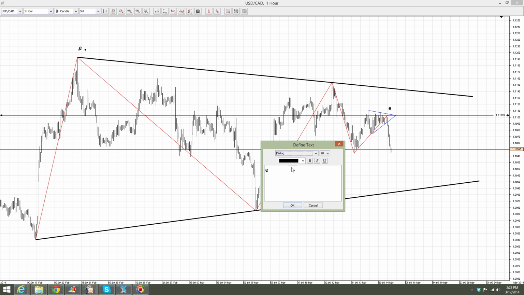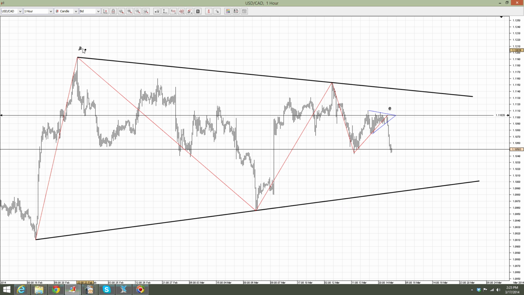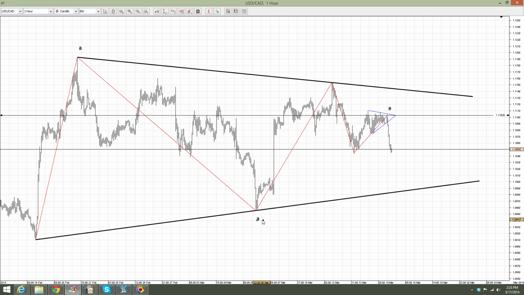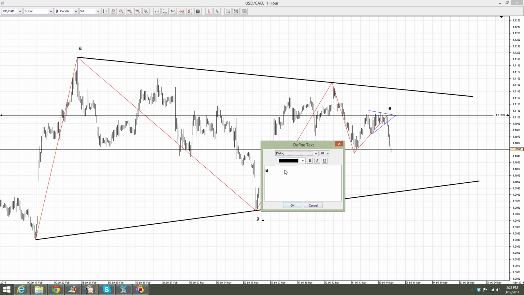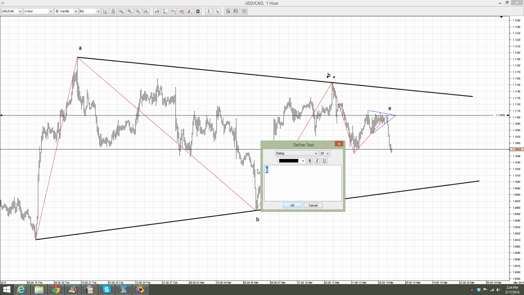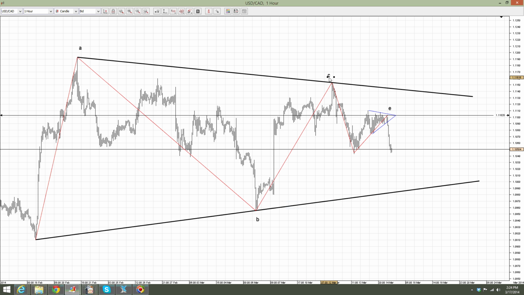So this would be wave A, and this to be the B wave, this to be the C wave, the D wave here.